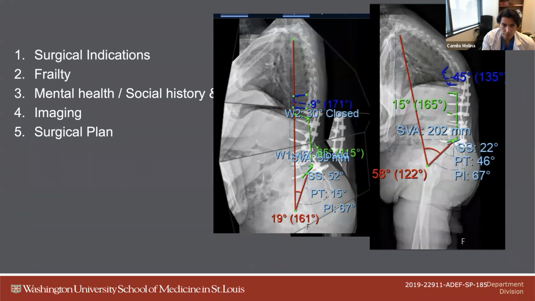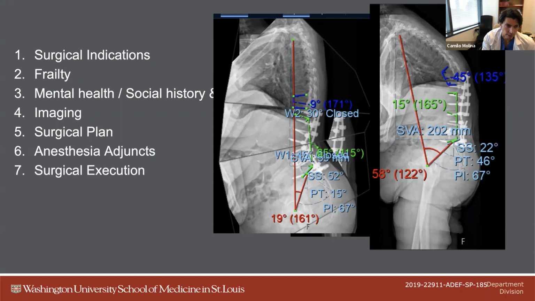And then if I close that PSO approximately 40 to 45 degrees and give her approximately 60 to 65 degrees of lordosis, I may be able to get this lady to a T1 pelvic angle of less than 20 degrees. Easier said than done, but this was the plan. This is what we went for.